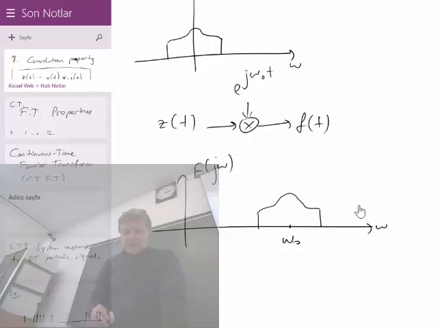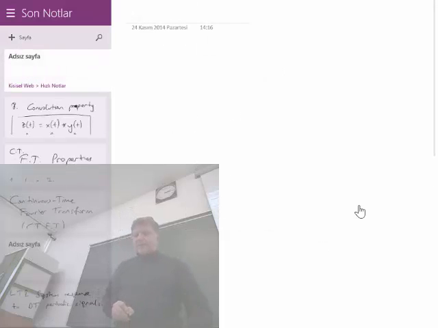Now, my final remarks about this continuous time Fourier transform is regarding the solution of differential equations and providing the fundamental link between the impulse response or the inverse Fourier transform and the frequency response, which is the Fourier transform itself.